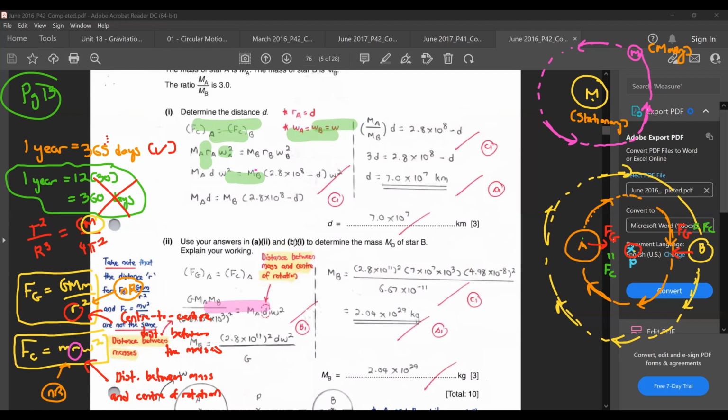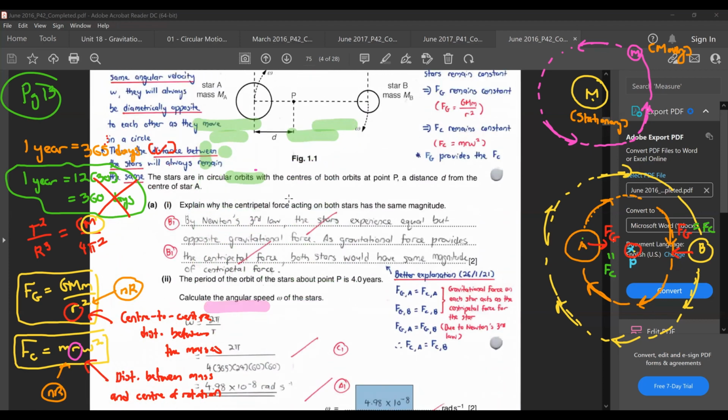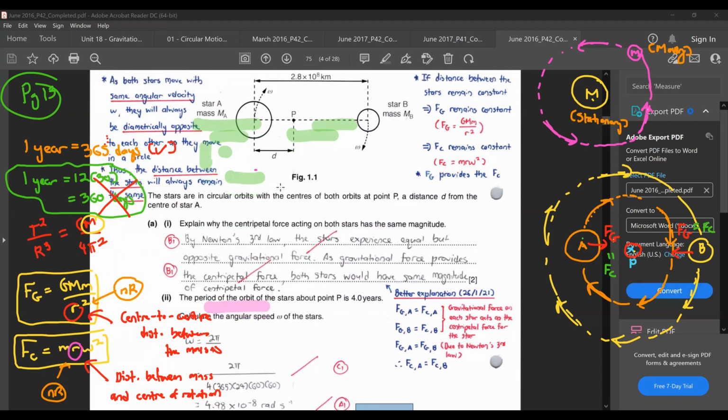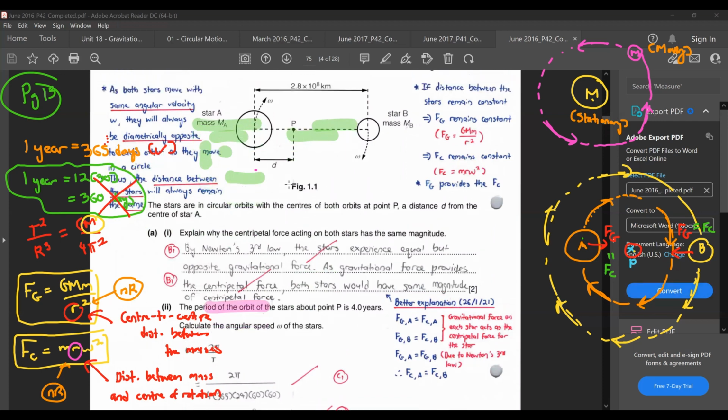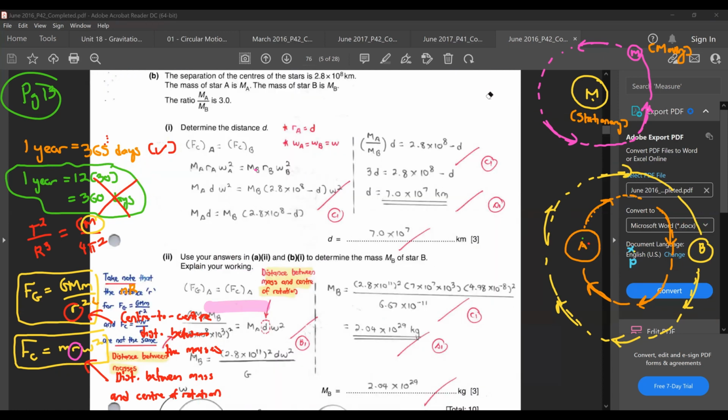What was distance D in the first place? If you look at your diagram, distance D is this one. That is distance D. And the separation between the stars is 2.8 times 10 to the power 8 kilometers. They told you distance D is this one.